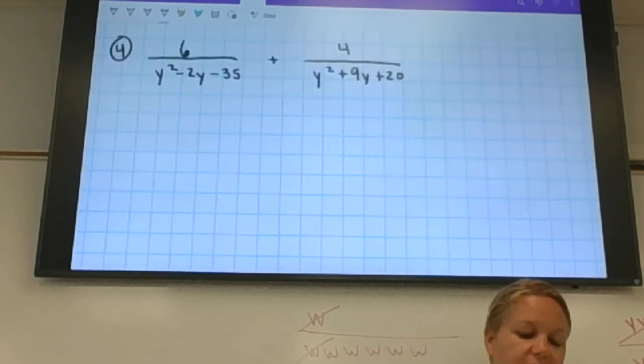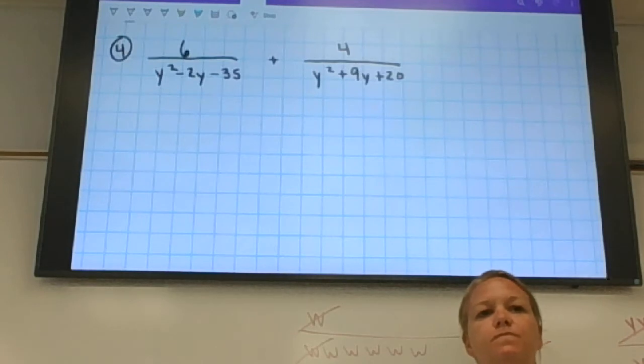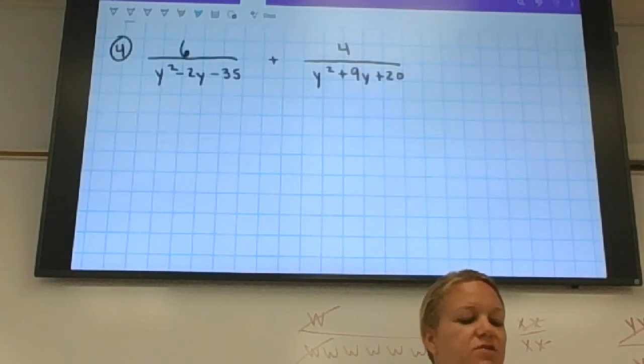Alright, so we need to factor. I'm going to look at these denominators in factored form. Oh, there's one more, Bower? Last question.